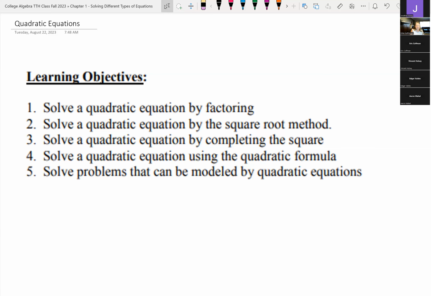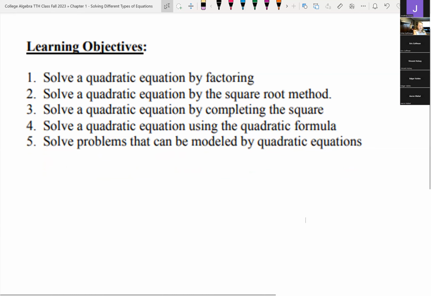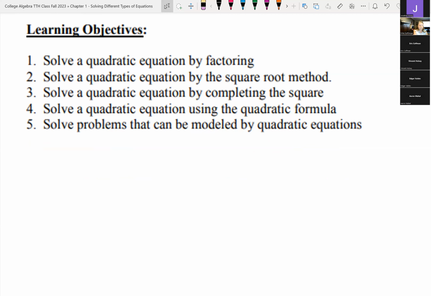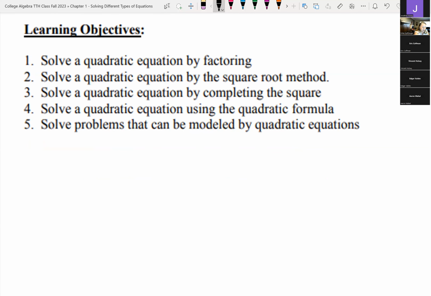So let me start with the standard form of a quadratic equation. The standard form of a quadratic equation is when it's set equal to 0.